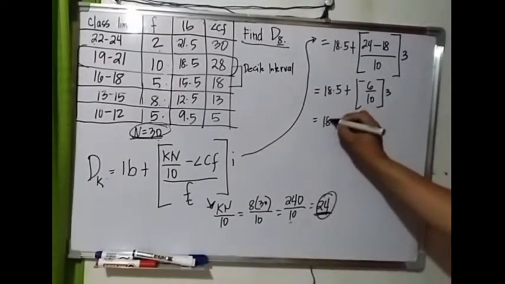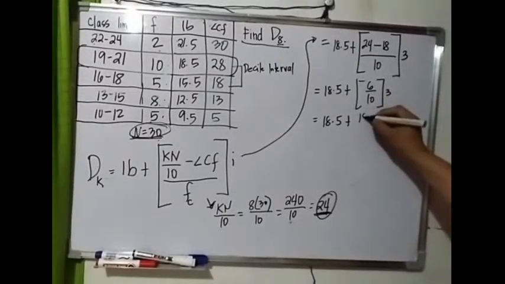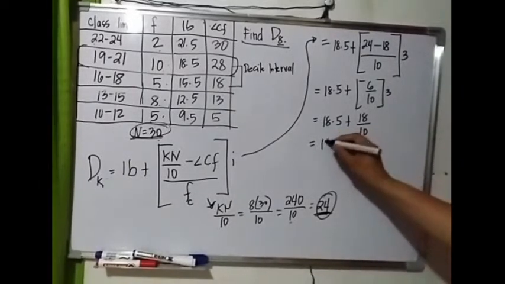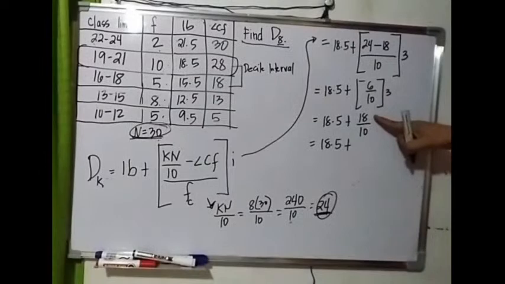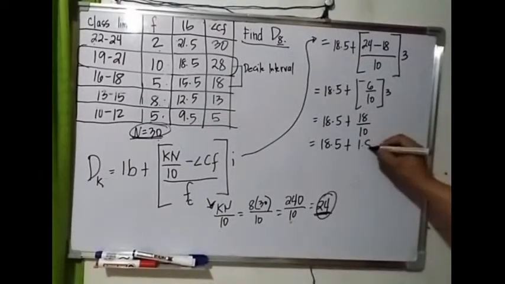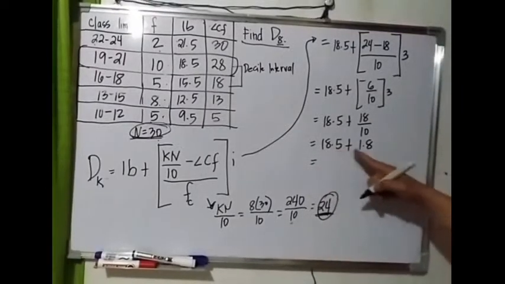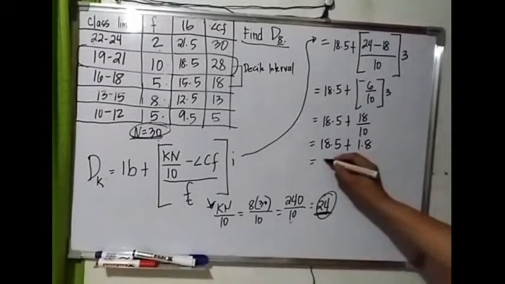Next, 18.5 plus 6 times 3, that is 18, divide it by 10. So 18.5 plus 18 divide 10, that is 1.8. Then 18.5 plus 1.8, that is equivalent to 20.3.